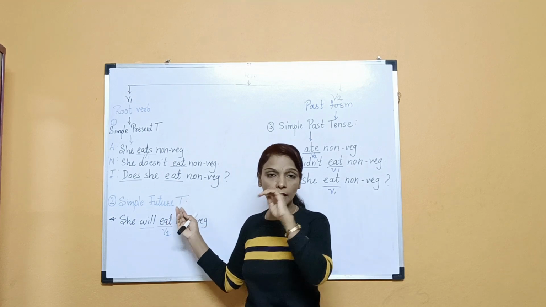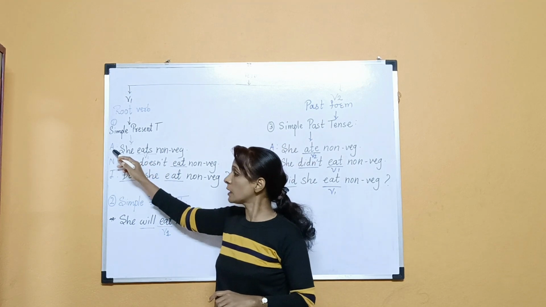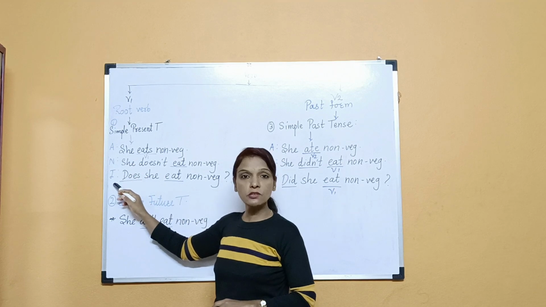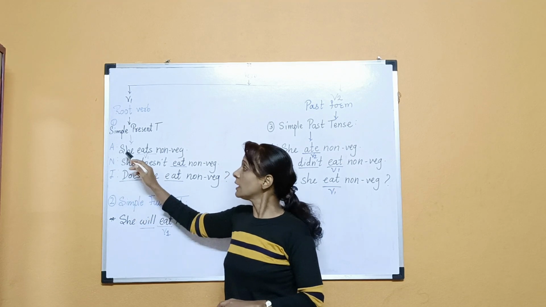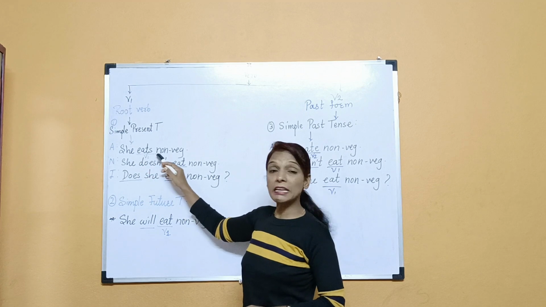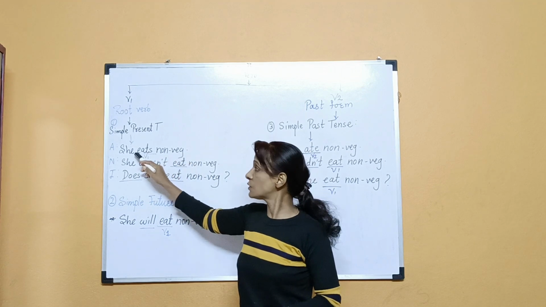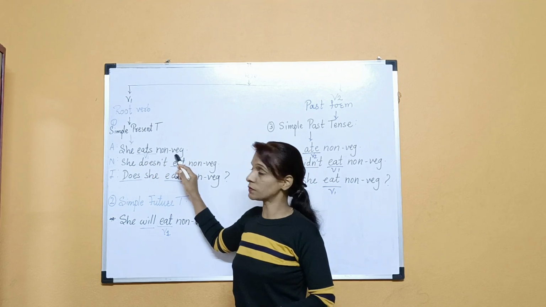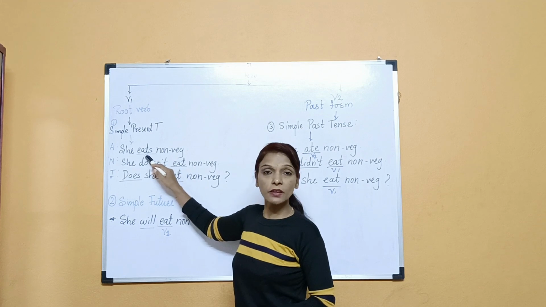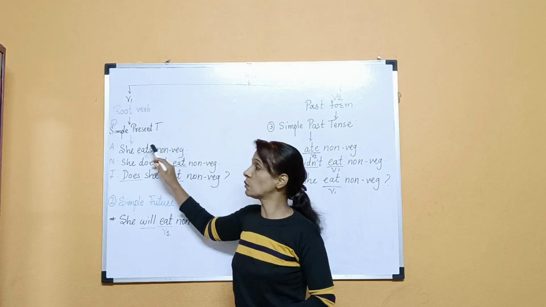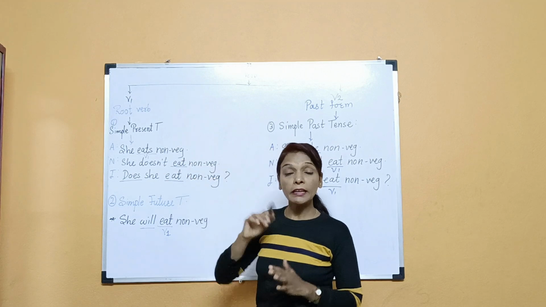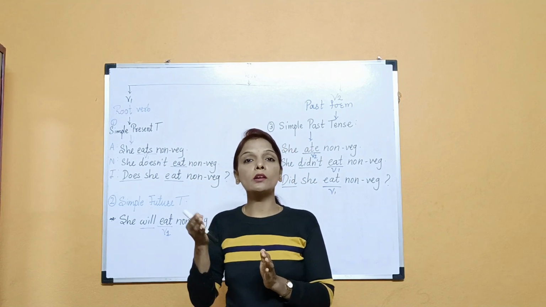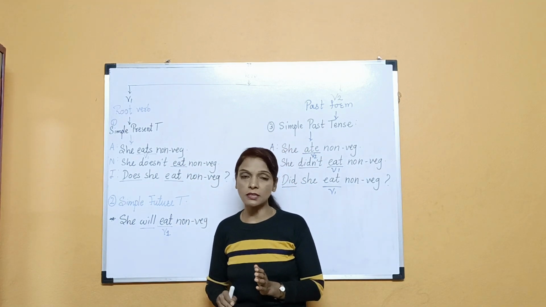As I have given here, examples for affirmative, negative and interrogative sentences. In affirmative, she eats non-veg. Here, s we have added to the root verb. S and es, these two we are going to add in simple present tense.